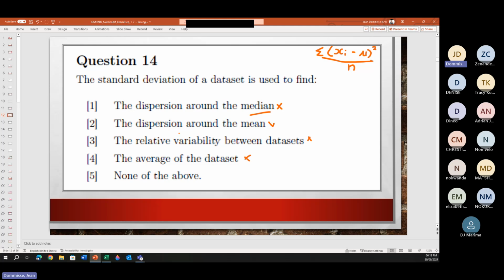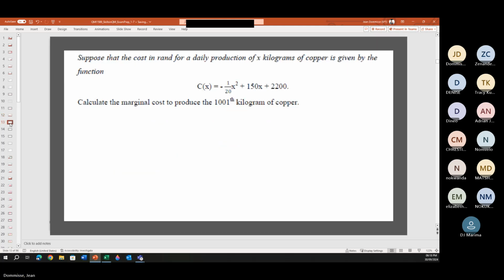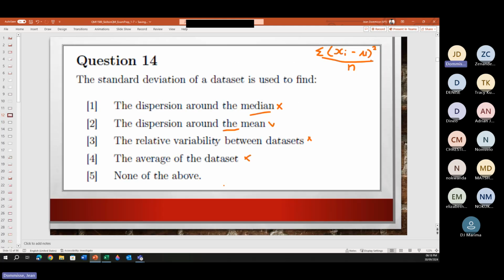None of that, so I would still go with the dispersion around the mean. And I hope I've got the, okay, so I don't have a definition, but I will put that into the answer set later on. I will share that definition, but it is the dispersion around the mean.